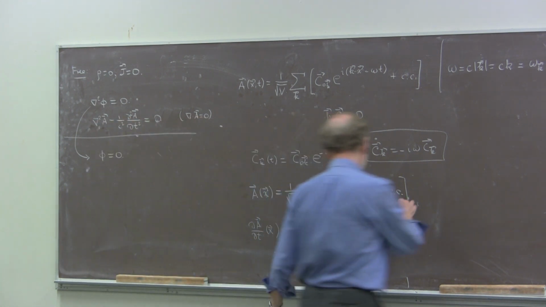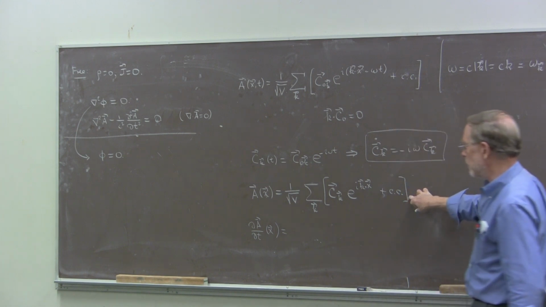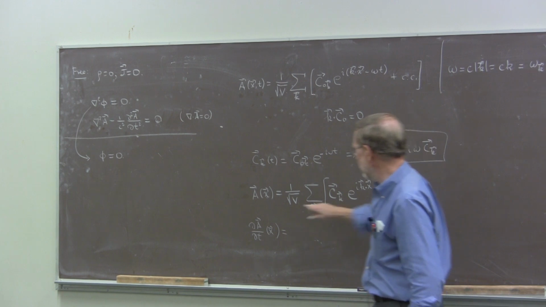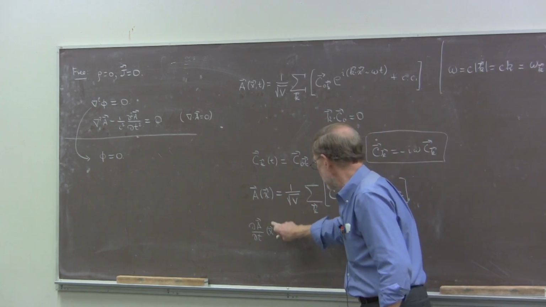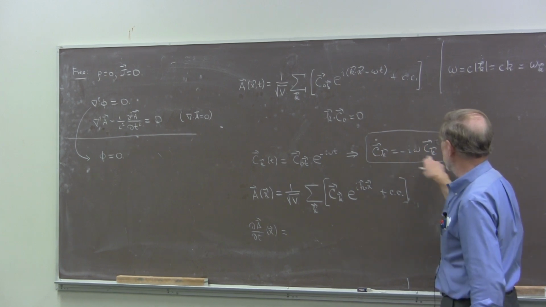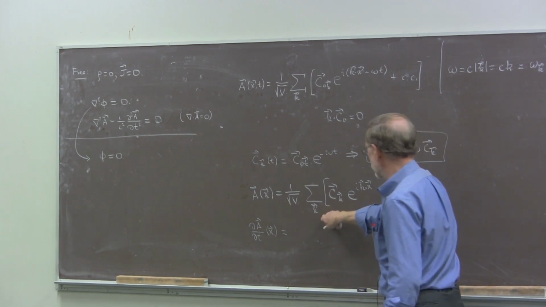Now, this is an example of a mode expansion, which we're going to refine. Just as I have a mode expansion for the vector potential, we can get a mode expansion for its first time derivative. All we need to do is use this equation for c dot and differentiate both sides with respect to time.